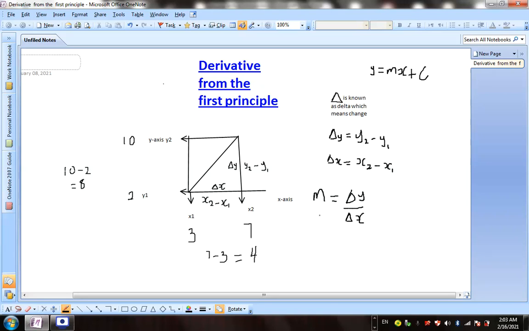So we can have our m to be equal to dy all over dx. Now let's say m is equal to y2 minus y1 all over x2 minus x1.